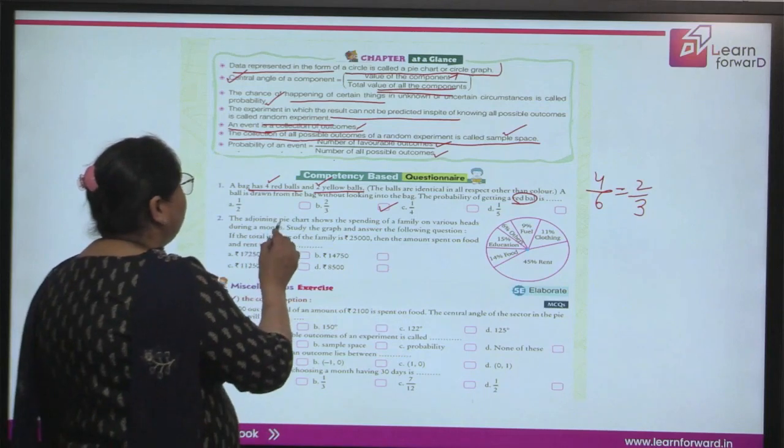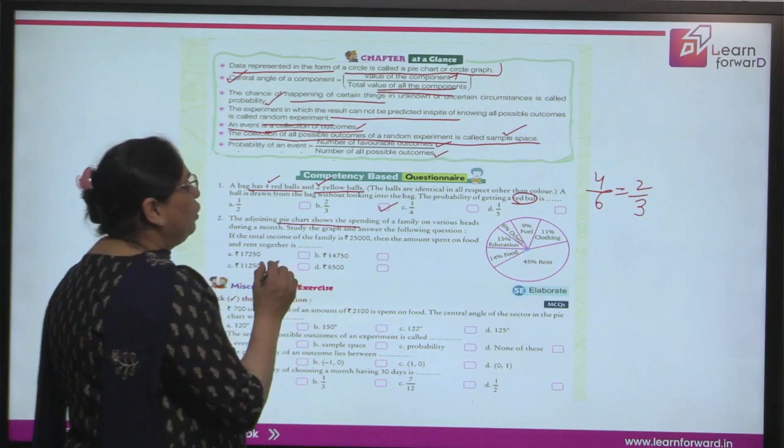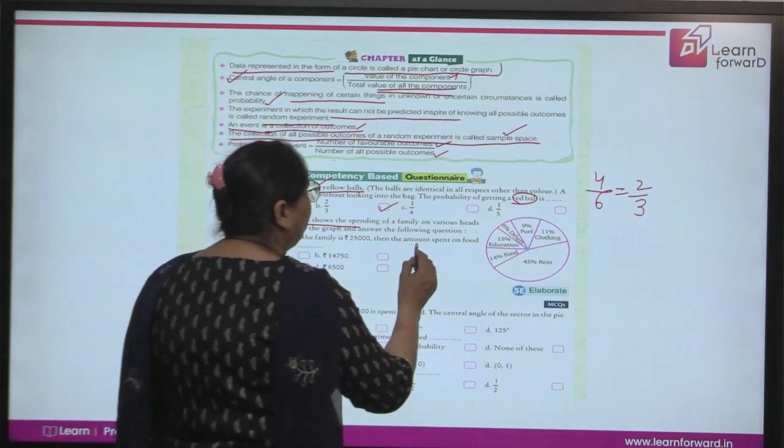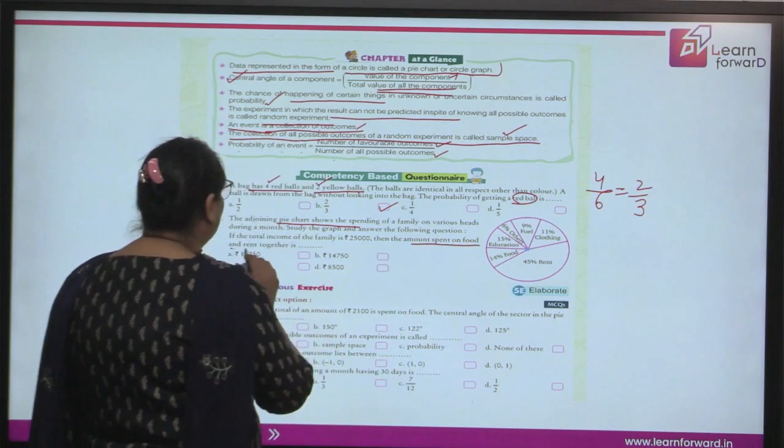The adjoining pie chart shows the spending of a family on various heads. They are asking for the amount spent on food and the rent together.